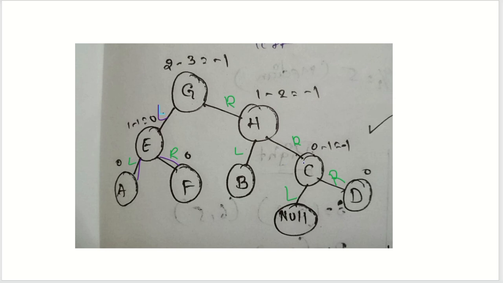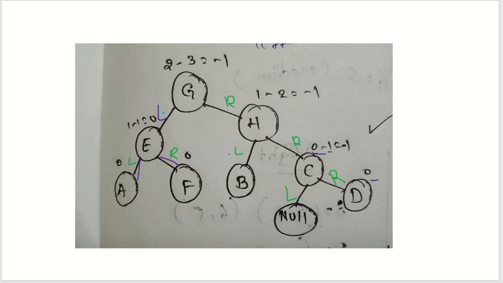So you already know that. If you check the balancing factor also, for D it is 0 because it is an end node, so there will be 0. And for C the right side is 1 and the left side is 0. It means left subtree minus right subtree, 0 minus 1 is -1.